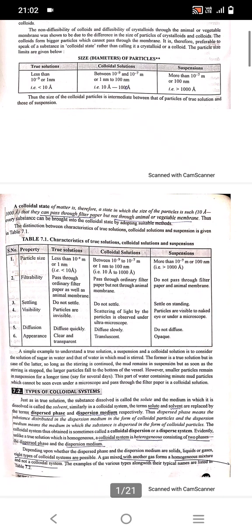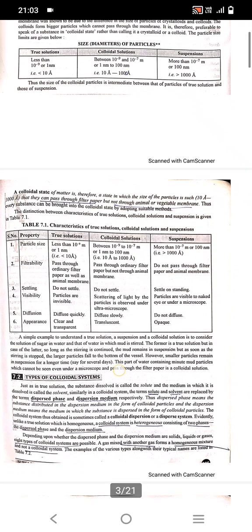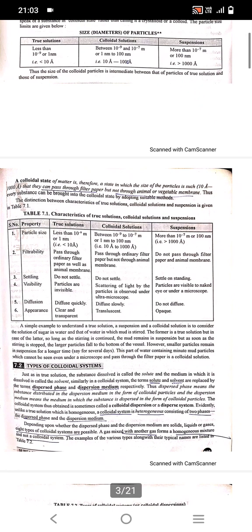Colloidal solution: size between 10 raised to the power minus 9 and 10 raised to the power minus 7 meter, or 1 nanometer to 100 nanometer; passes through ordinary filter paper but not through animal membrane; does not settle; scattering of light by particles; observed under an ultramicroscope; diffuses slowly; translucent.